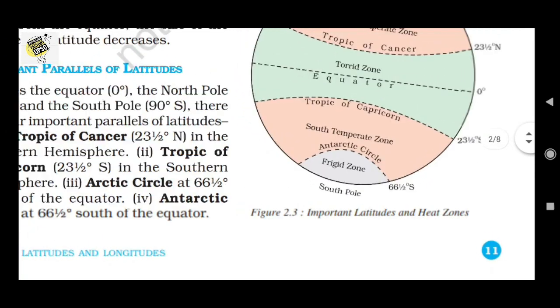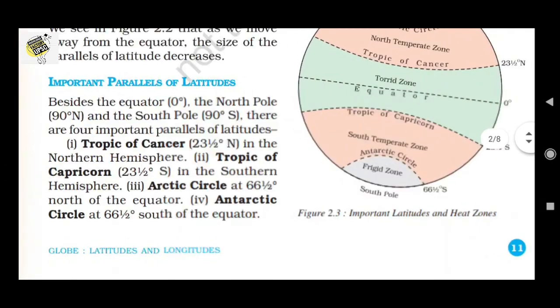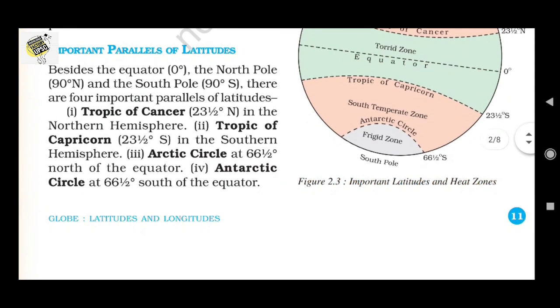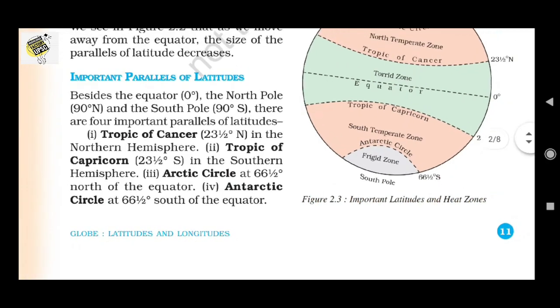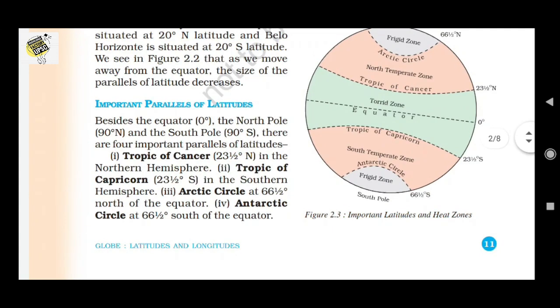Okay, so some important parallels of latitudes: besides the equator at 0 degree, there is the North Pole at 90 degrees north, the South Pole at 90 degrees south, and the Tropic of Cancer at 23.5 degrees north in the northern hemisphere, and the Tropic of Capricorn at 23.5 degrees south in the southern hemisphere. There is the Arctic Circle at 66.5 degrees north of the equator, and the Antarctic Circle at 66.5 degrees south of the equator. Okay.